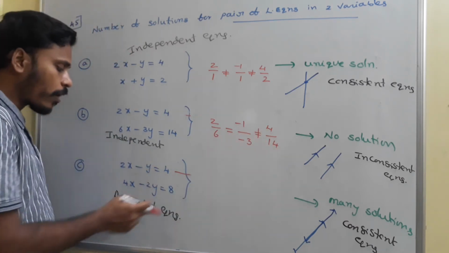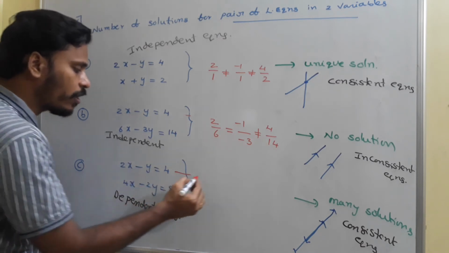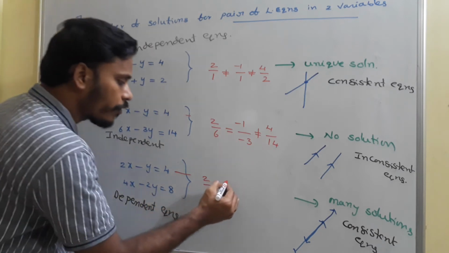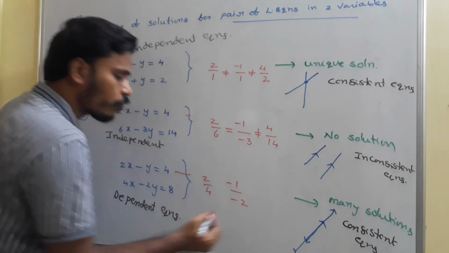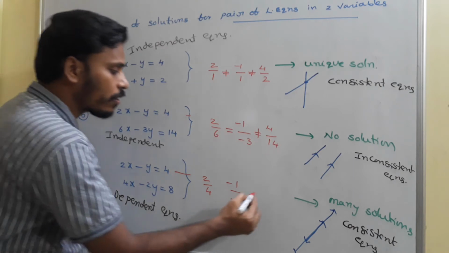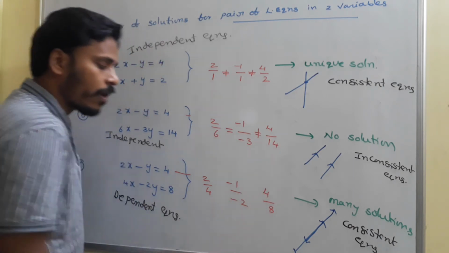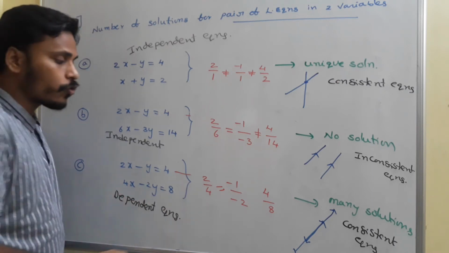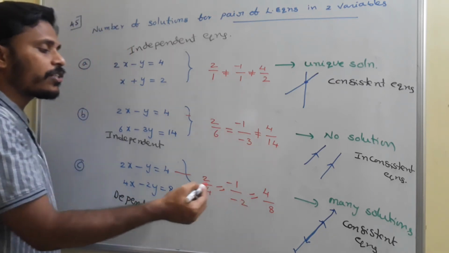Whereas in the last case, the ratio between the x coefficients is 2 by 4, the ratio between the y coefficients is minus 1 by minus 2, and the ratio between the constant terms is 4 by 8. And this 2 by 4 is 1 by 2, minus 1 by minus 2 is 1 by 2, and 4 by 8 is still 1 by 2.